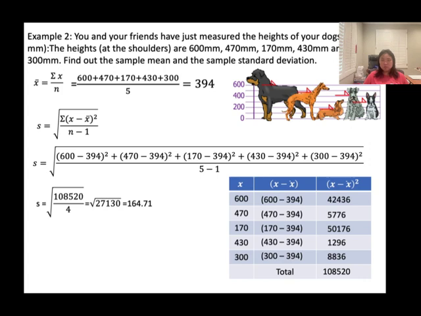Okay, this is how you find the standard deviation. So this is the first method, the first formula. Okay, now let me introduce another formula here, and then we're going to work on the same example.